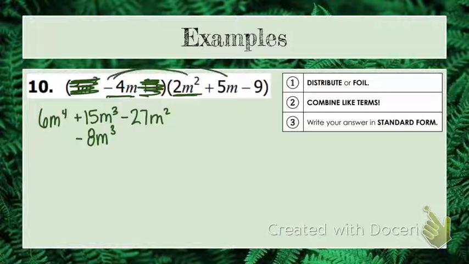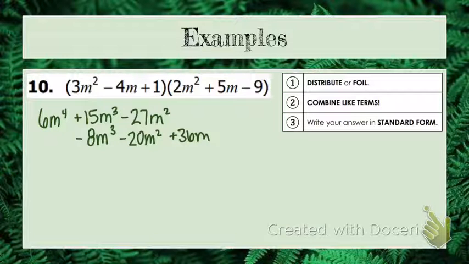Then we have negative 20m squared. So I'm going to put that below the other m squared. And then we have positive 36m. And we don't have a plain old m yet. So we distributed the negative 4m to all three of the other terms.